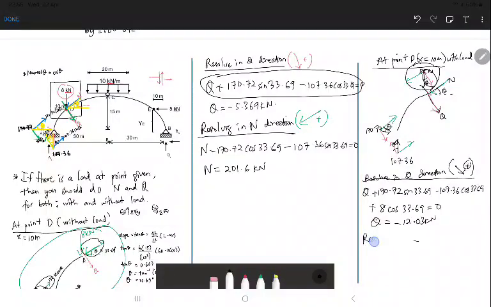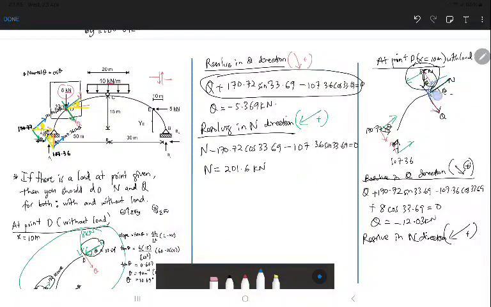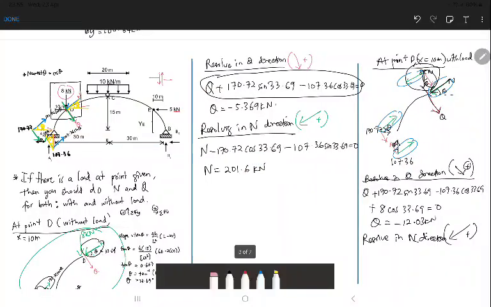And then next you resolve in n direction. Okay, so n direction, in this direction positive, this direction positive. Okay, you got this one, this one, this one, and this one. Okay, so actually it's similar with this equation, but you have to include this 8 kilonewton sine theta.